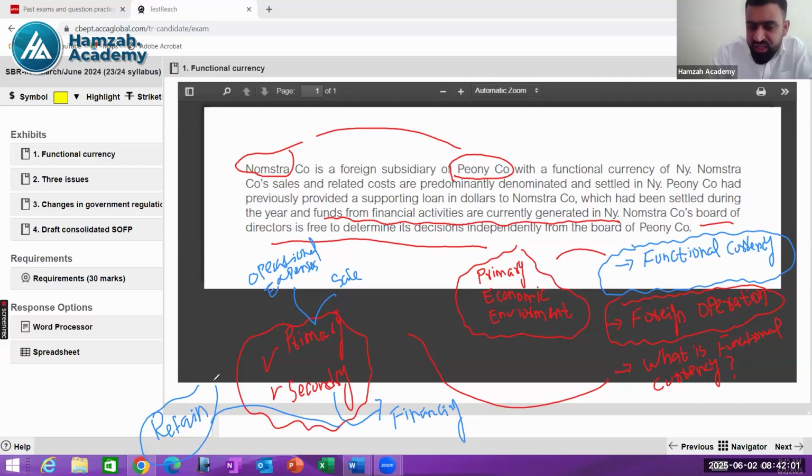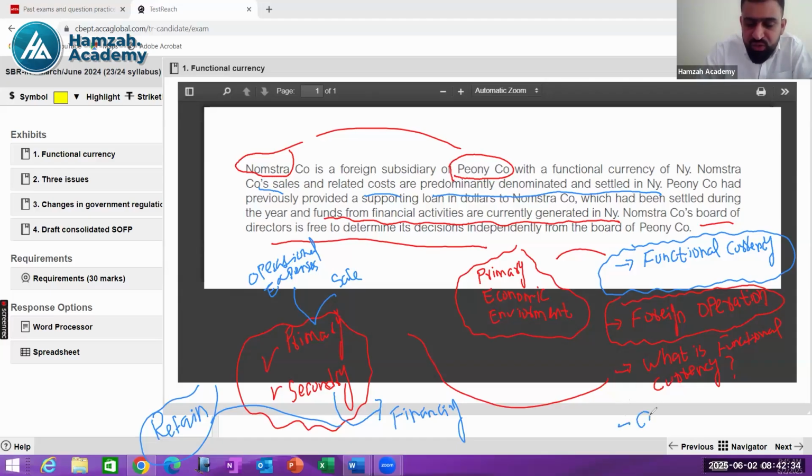Now, if we apply these factors, you can see that the sale and the related cost are predominantly determined and settled in N1. The primary factors indicating the functional currency of the Numestra should be N1. And further, their financing needs are also generated in N1. So considering these facts, we can conclude now that the functional currency of the Numestra will be the N1.